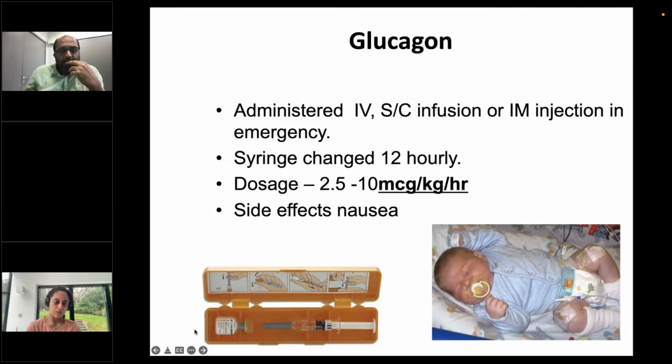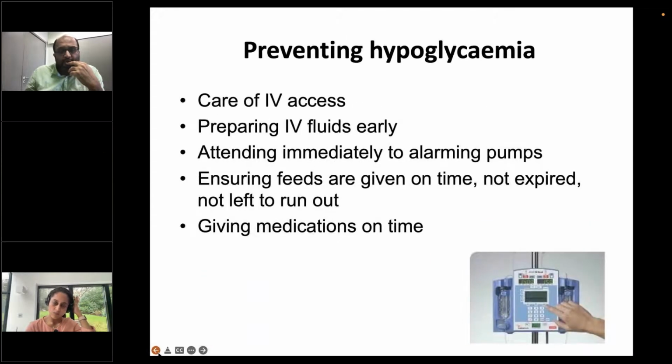So how do we prevent hypoglycemia in children? There are certain things that are quite useful to remember. When children are on IV fluids, make sure that we look after IV access, because sometimes when their IV cannula is tissued, they can have sudden hypoglycemia, and that's quite natural, because when you stop fluids, they will have rebound hypoglycemia.